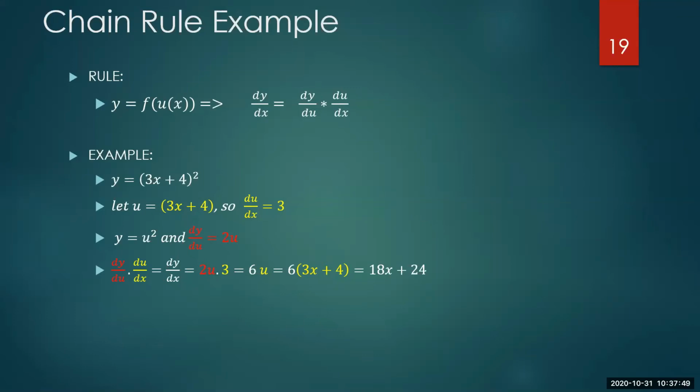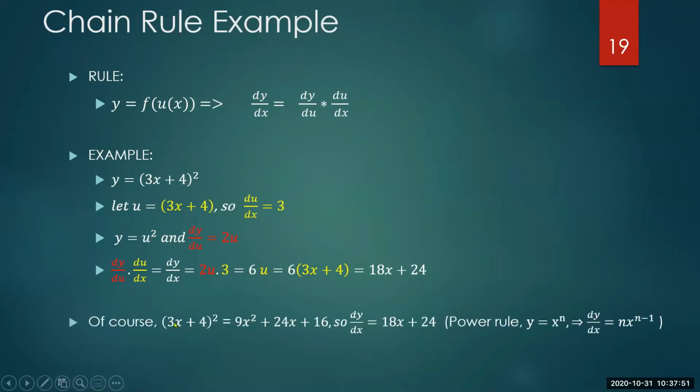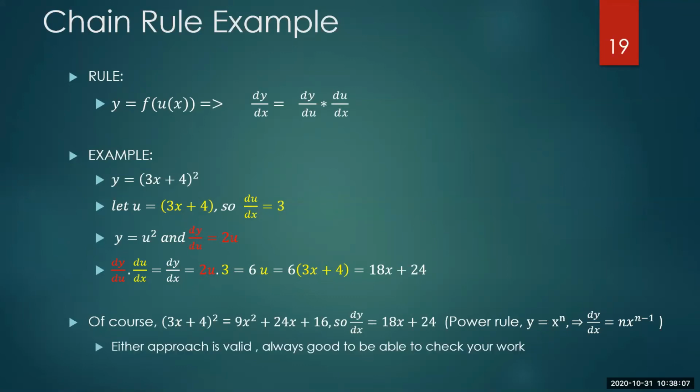Now we could, if we wanted to, have multiplied 3x plus 4 all squared out and then differentiated that way. Either way is valid, but for more complex functions the chain rule is much more powerful in a lot of situations.